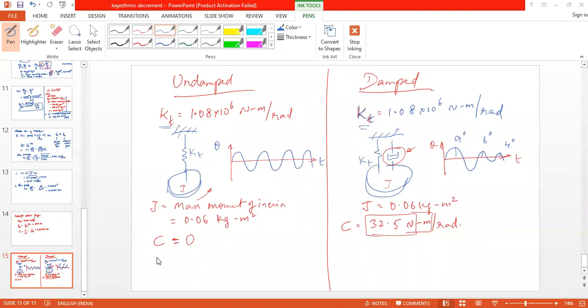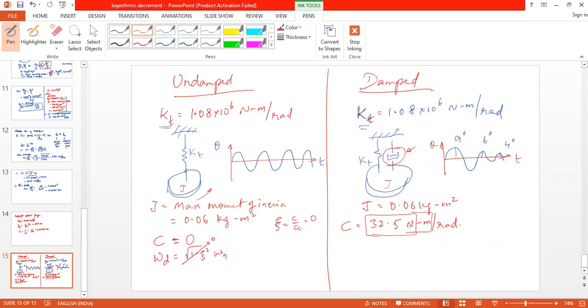Now, what is the natural frequency here? What is omega d? Here, omega d is equal to root of 1 minus zeta square into omega n, and zeta is equal to c by c critical. Since c is 0, zeta is 0. So the root term will become 1.